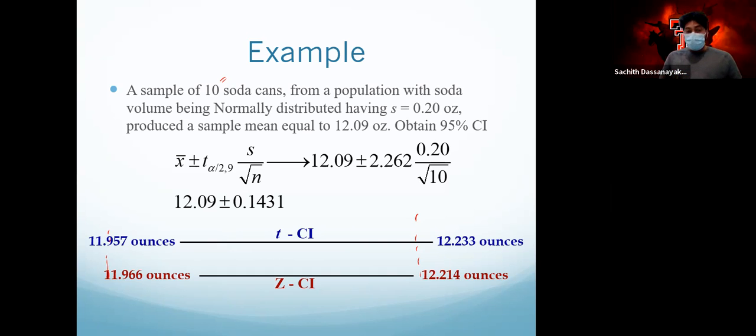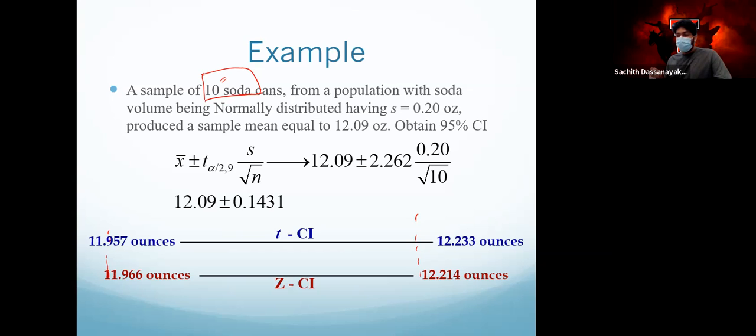But the problem is this. If we go for small samples, that sample does not follow the normal distribution, or we call it it doesn't follow the normality assumptions.